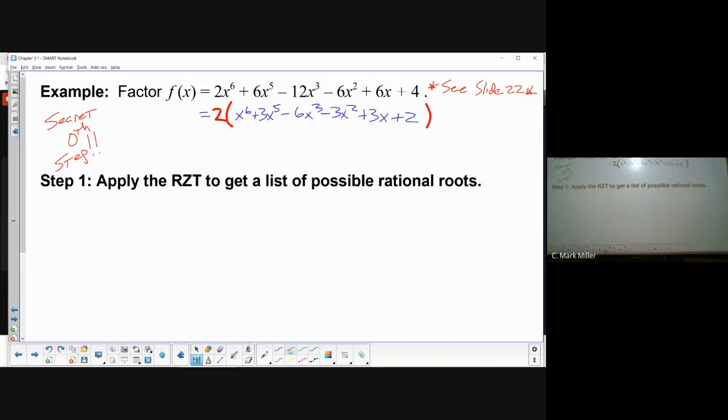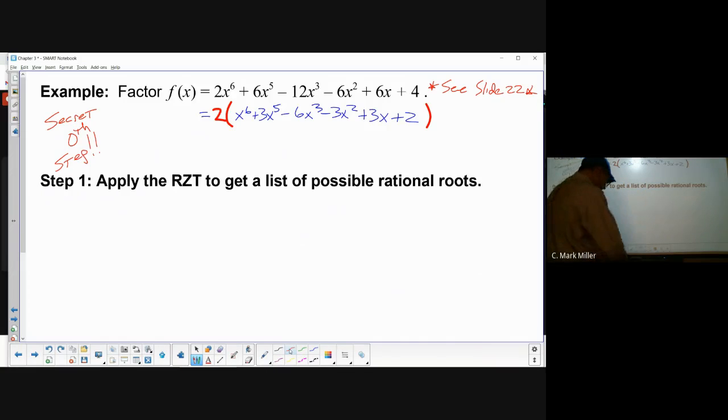Now, how does that help us? Well, convince yourself that our original function can never be 0 unless this thing in the parentheses is 0. So whenever this thing in parentheses is 0, this top thing will be 0, because this is just 2 times something that's 0. So here's what we're going to do.